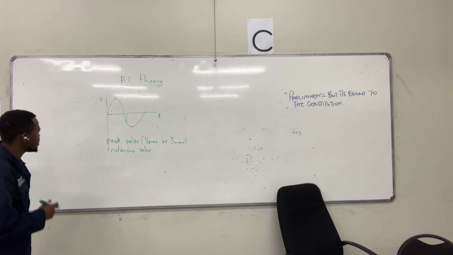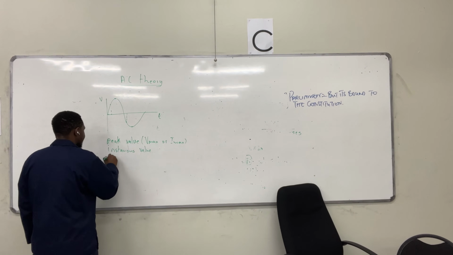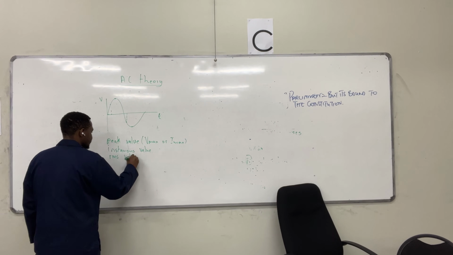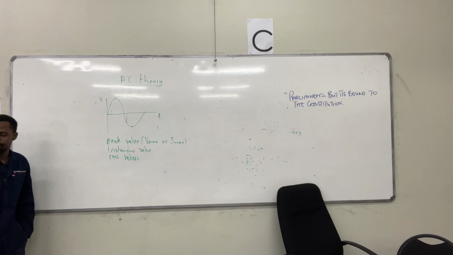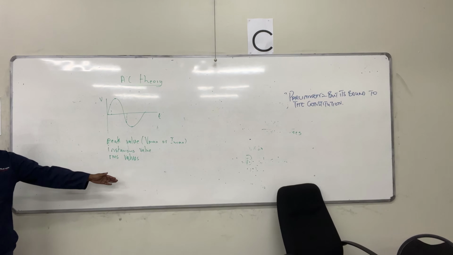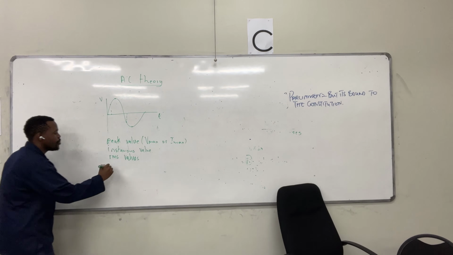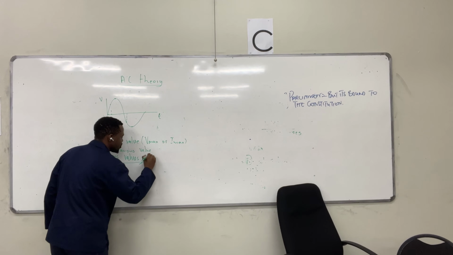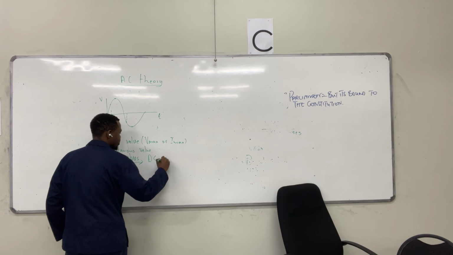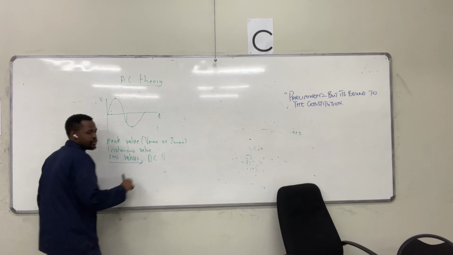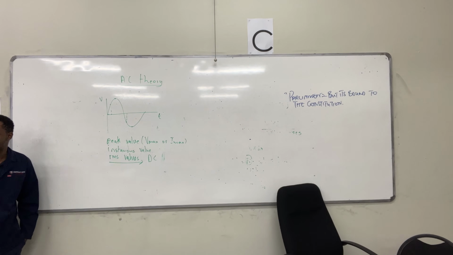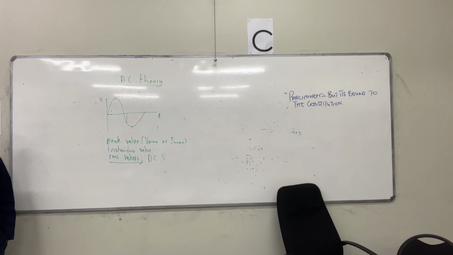Then the other one is the RMS value. This one is important. Why is this one important? This one is comparable to DC. How so?